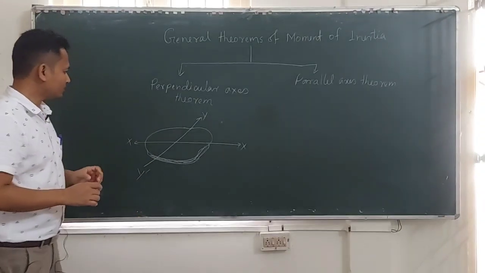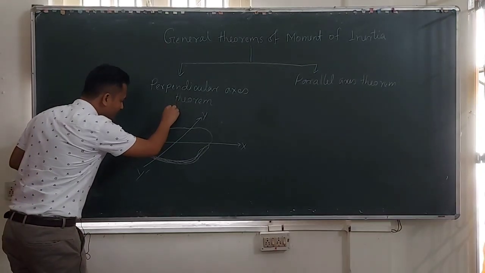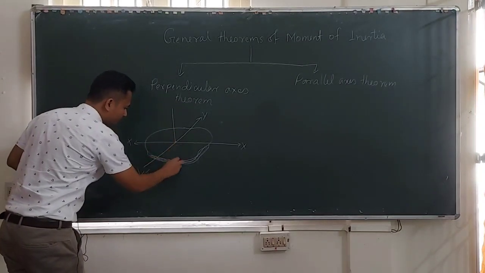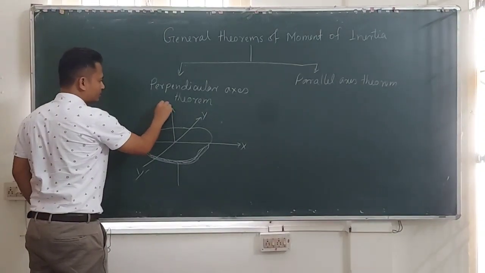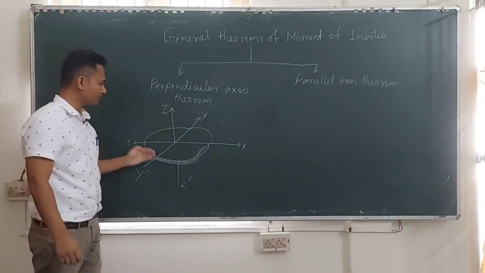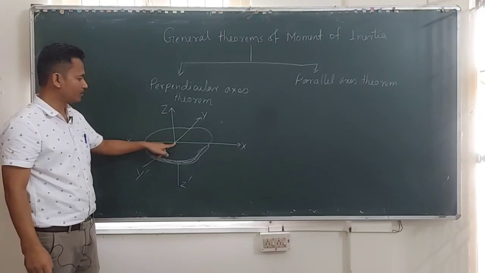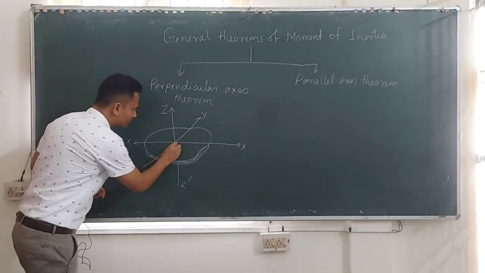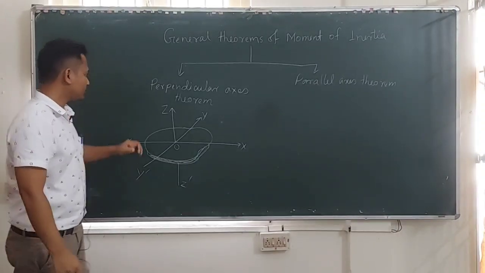Now another axis may be perpendicular to the plane itself, say this perpendicular axis is z prime. All these three axes intersect at one single point. Say this point is O, the center of mass of the lamina.